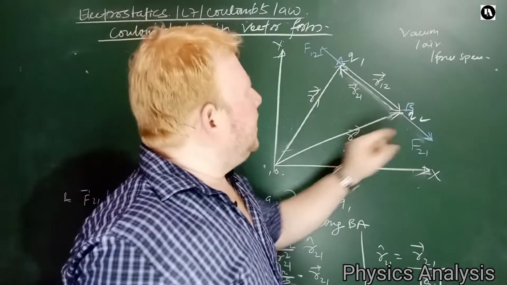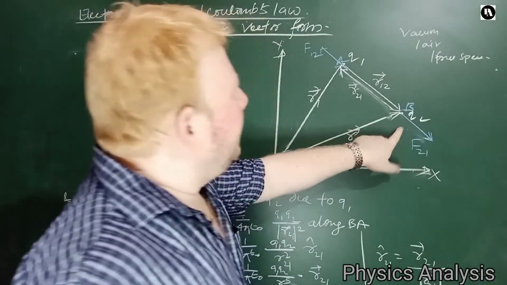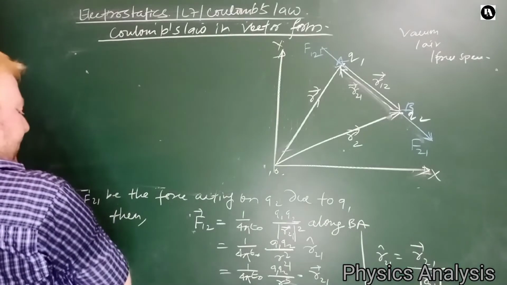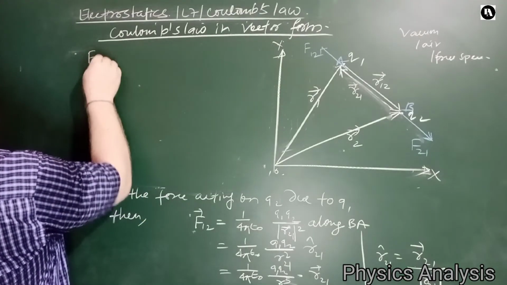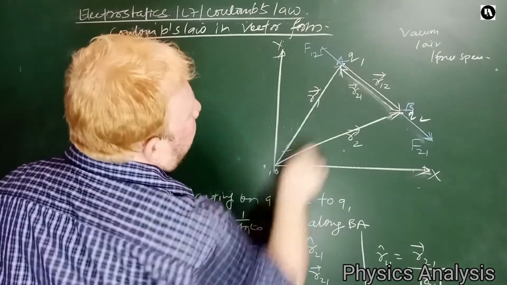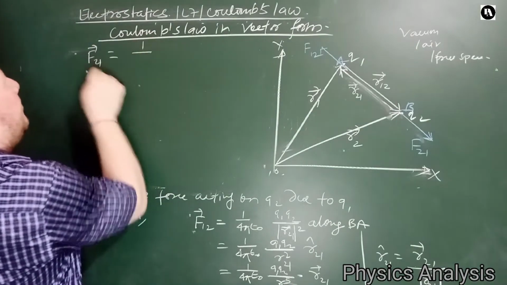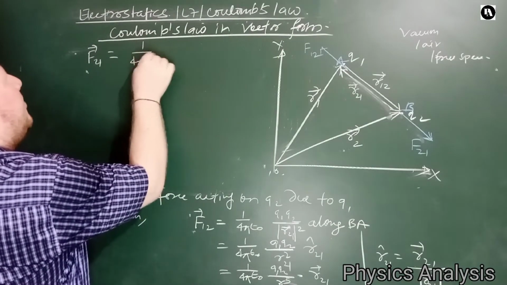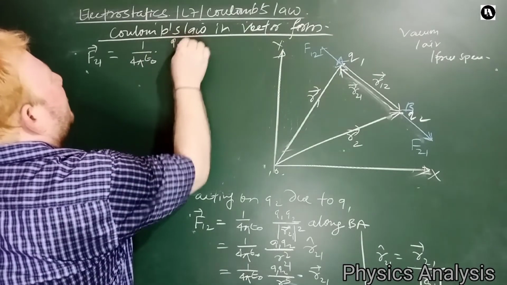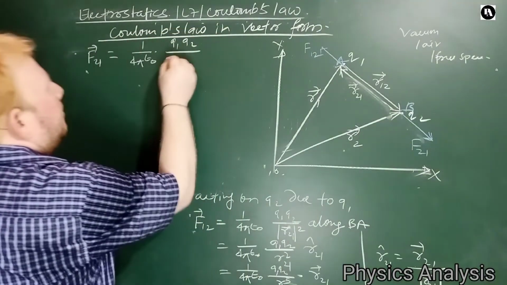Now do the same for F21 for this Q2 charge. F21 means force acting on second charge because of first charge, right? So of course taking direction in this way, F21 is equal to 1 by 4 pi epsilon naught into Q1 into Q2 upon R square. Taking direction, this is how.